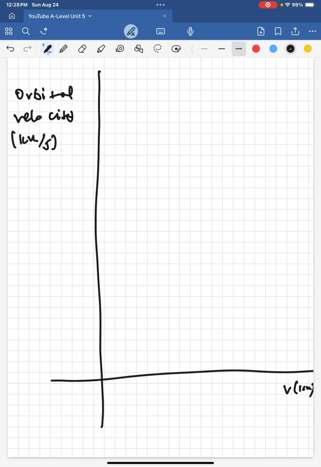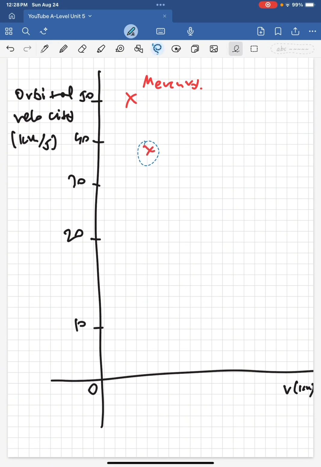Okay, we have 0, 10, 50, 40, 30, 20, and just pretend that that's 10. Up here, with a speed of about 50 kilometers per second is Mercury. At about the speed of 35, and a little bit farther away, is Venus.